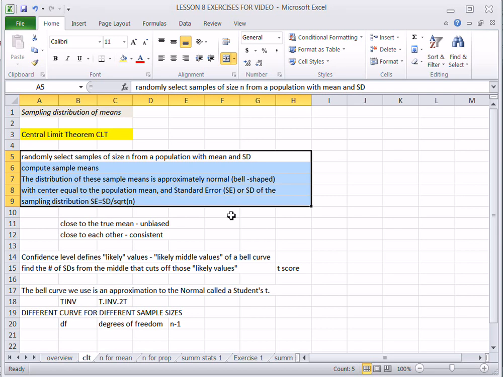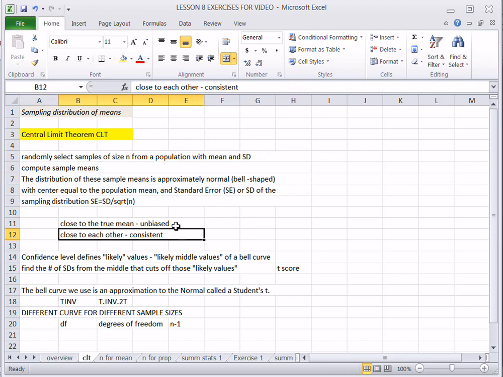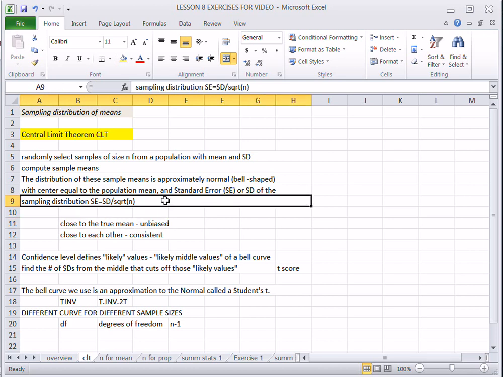And the variation in the distribution, which we now call the standard error as opposed to standard deviation, to differentiate a distribution of values from a distribution of sampling means, will be smaller than the standard deviation of the original population, because if everything is consistent, hovering around the true mean, you're going to expect less variation. And how much less variation depends on the sample size. So the bigger your sample, the smaller the standard error.